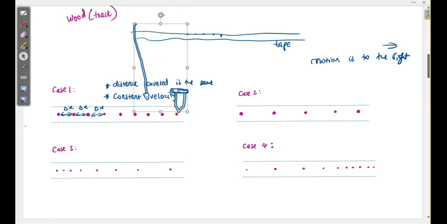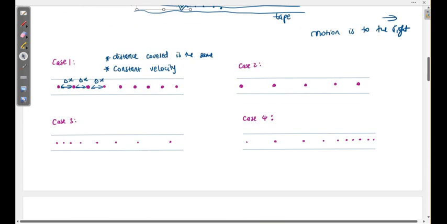So if it is making dots that have equal space between them, it means that the trolley was moving at a constant velocity. It was moving at the same speed all the time. If it is 5 meters per second, it was covering 5 meters per second every time. You see?